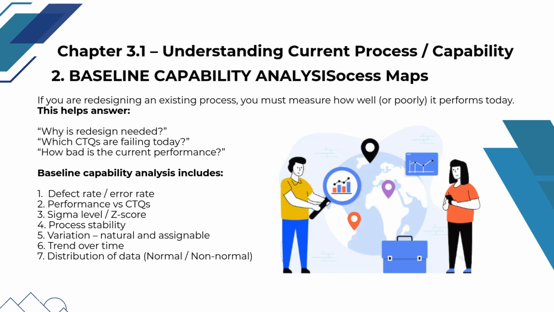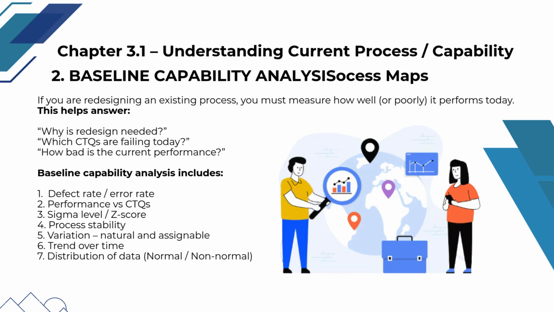When redesigning an existing process in DMADV, it is essential to measure how well or how poorly the process performs today in order to justify why redesign is needed and to clearly understand which CTQs are currently failing. Baseline capability analysis answers how severe the performance gaps are by examining defect or error rates, performance against CTQs, sigma level or z-score, process stability, natural and assignable variation, performance trends over time, and the underlying data distribution, normal or non-normal.